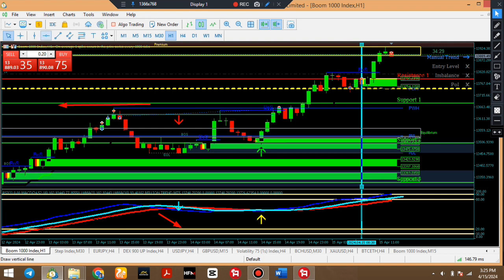So you can see there's a resistance line at the top already. So my stop loss is going to be 13,948.